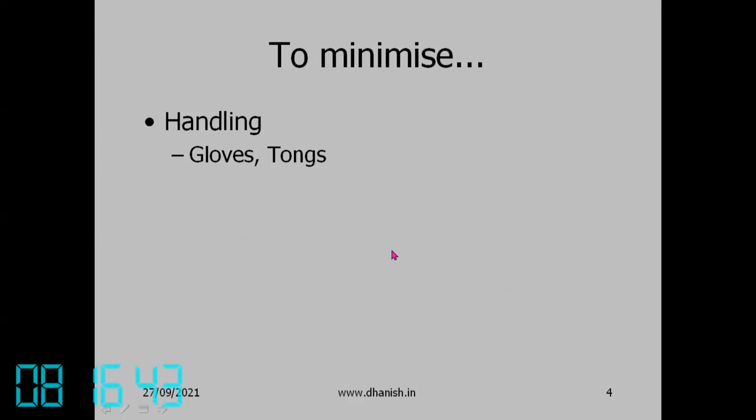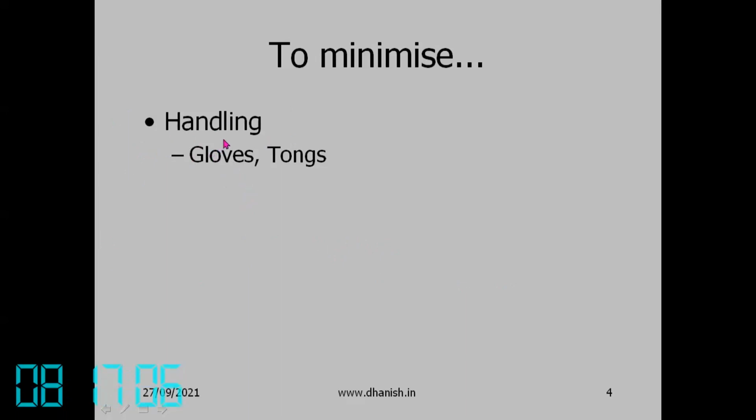So we have to minimize handling and minimize heat transfer to the workpiece and also to the instrument. So if you are holding a measuring instrument, it will also expand, resulting in dimensional variations.